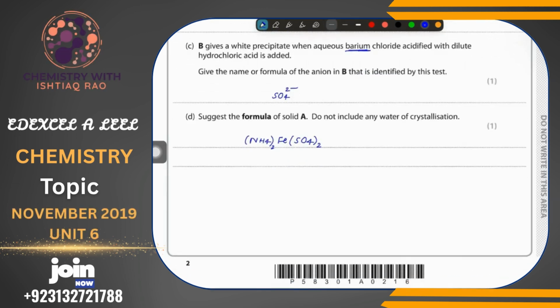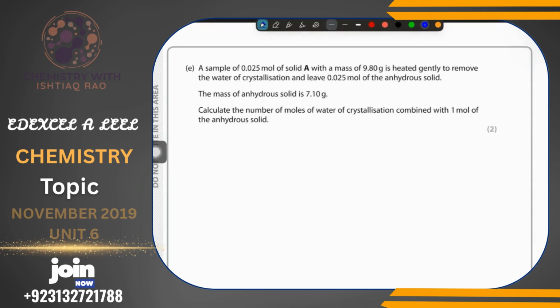And also I can write this one. Calculate the number of moles of water of crystallization combined with 1 mole of the anhydrous solid.